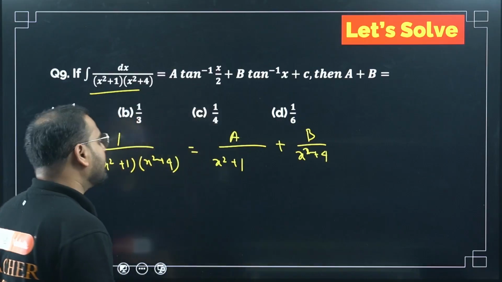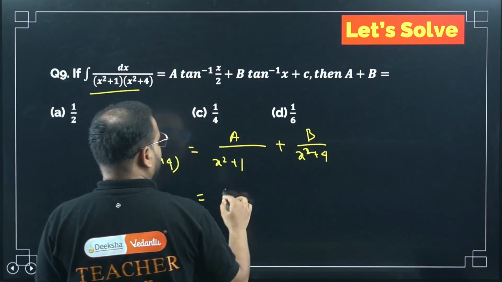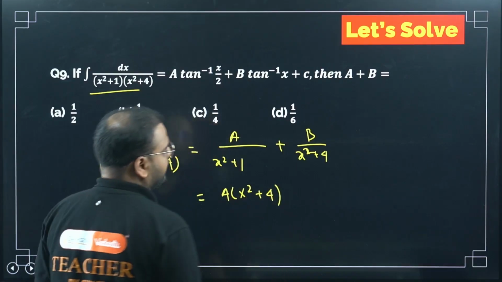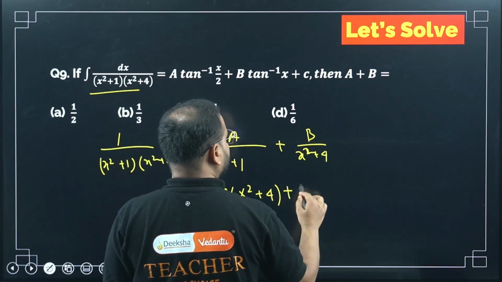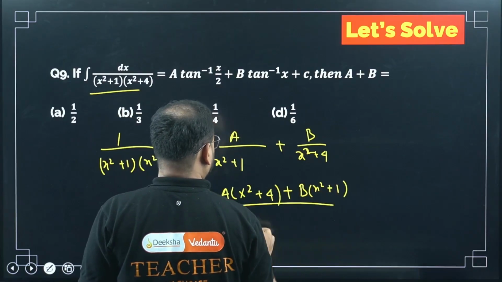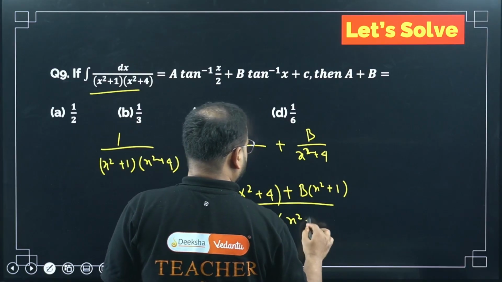Simple. Now compare: a times of x square plus 4 plus b times of x square plus 1, upon x square plus 1 and x square plus 4.